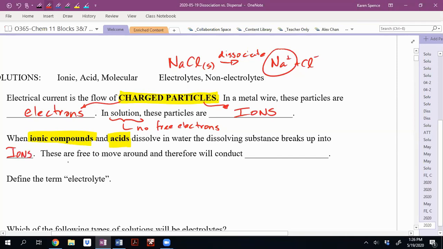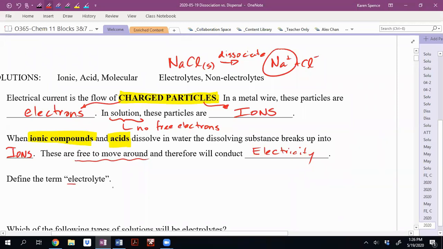So these are free to move around. Remember, they are free floating, and therefore they will conduct what? Electricity, yes. Excellent.